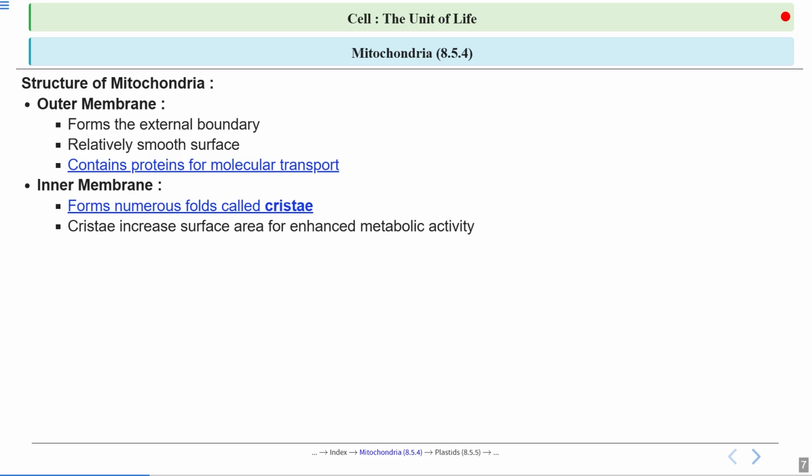Now, what do you mean by metabolic activity? Metabolic activity means biochemical reactions that are going on. So this increases surface area for enhanced metabolic activity. Then the inner membrane is very important because it contains important respiratory chain enzymes, means the enzymes which are involved in respiration are present here. The various complexes are present here.